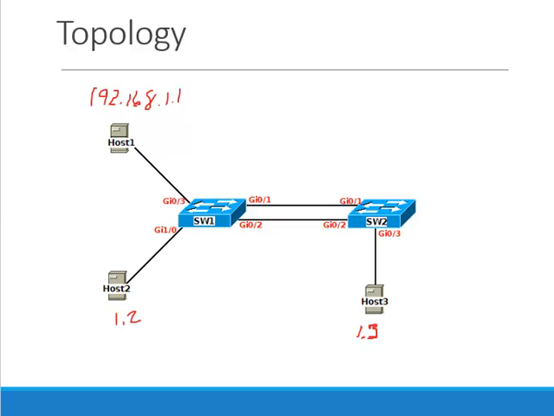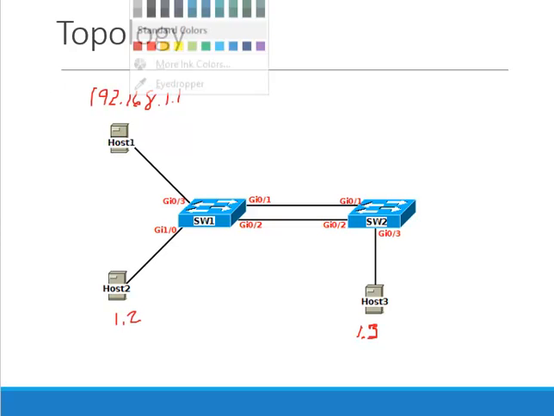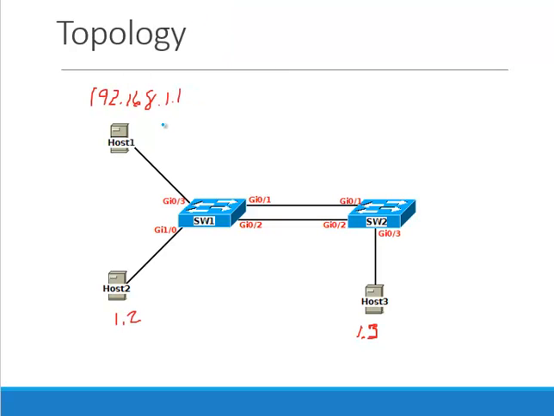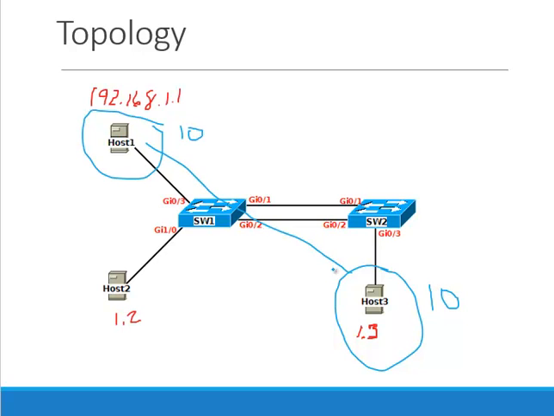Host 1 is in VLAN 10. Host 3 is also in VLAN 10, so theoretically, they should be able to communicate with each other. However, right now, both of these interfaces are in VLAN 1.